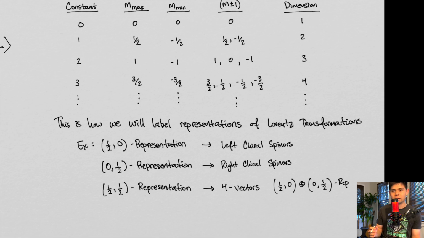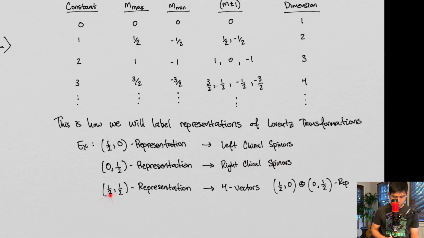We're going to talk exactly what the Lorentz transformation is, but this is a representation of that transformation, and that representation, because it's only two-dimensional, is going to act on objects that only have two inputs on them. There are vectors that essentially have two inputs on them, and those two things are chiral spinors, right? Because the spinors, again, they can be up or down, right? They only have two dimensions to them. Similarly, the 0, 1/2 representation is going to act on right chiral spinors.